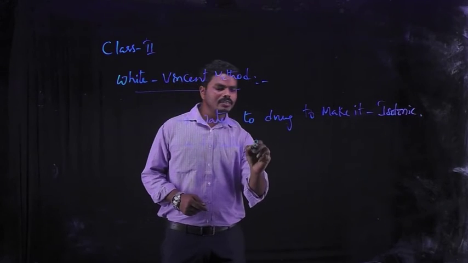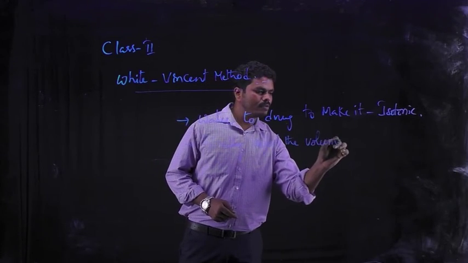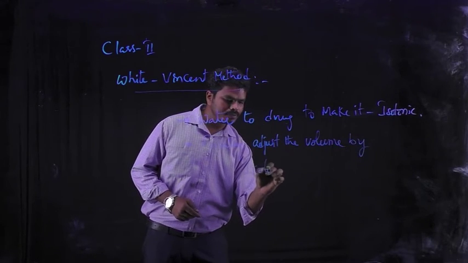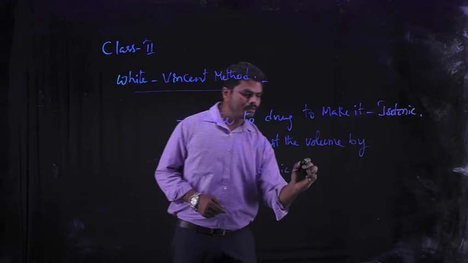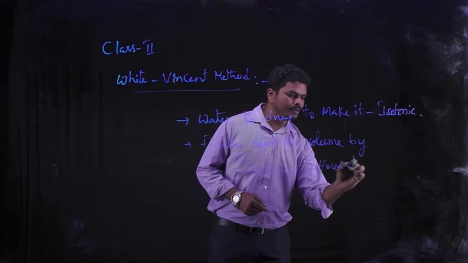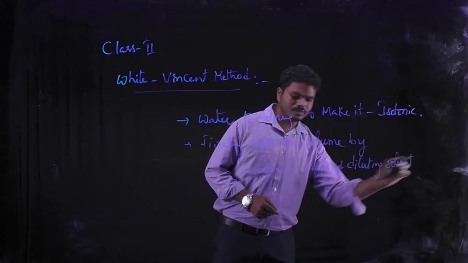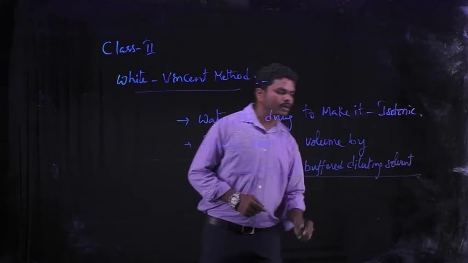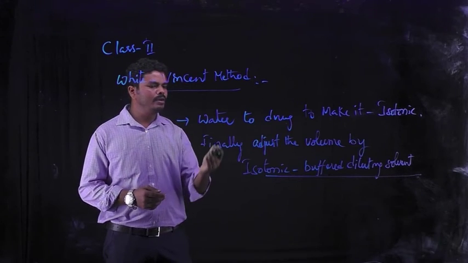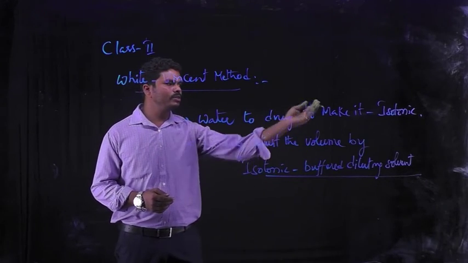Finally, we adjust the volume of the solution with isotonic buffered diluting solvent. This method utilizes a formula for calculating how much water and isotonic buffered diluting solvent is required to make the drug solution isotonic.